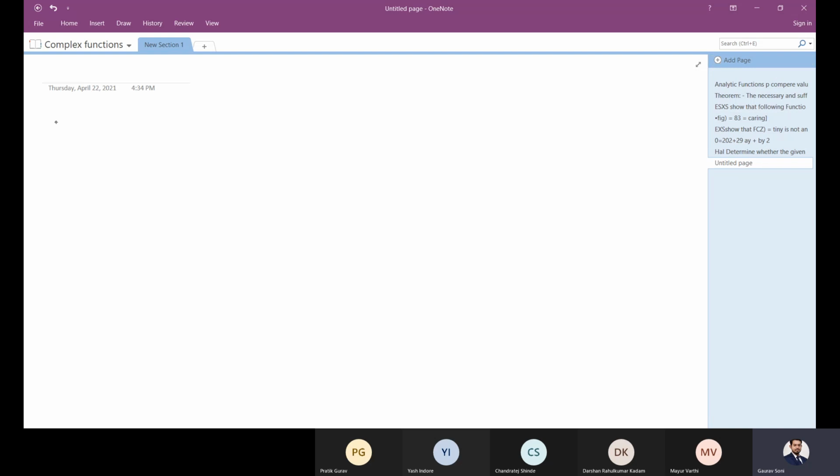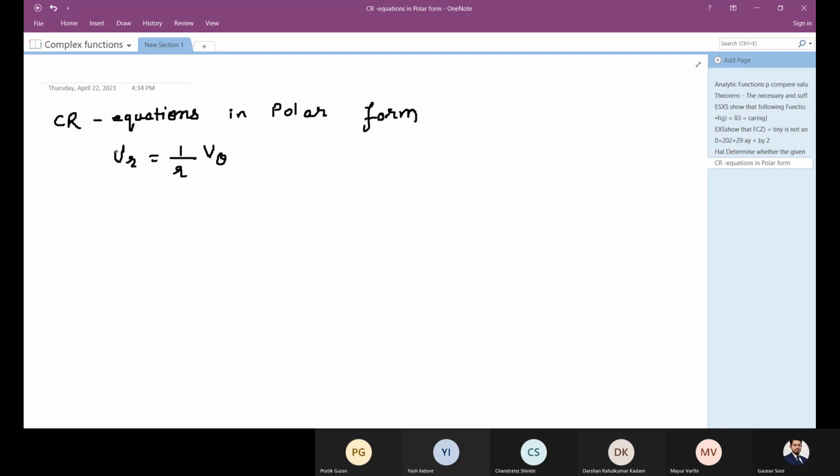So I will write it down here. CR equations in polar form: ur equal to 1 upon r v theta, and the second one, vr is equal to minus 1 upon r u theta.